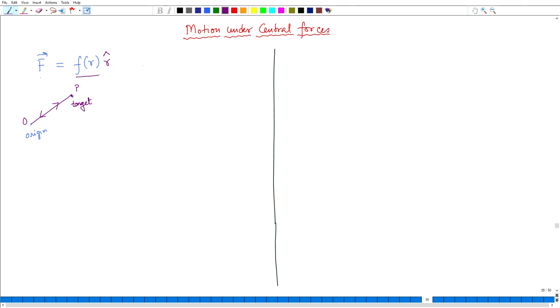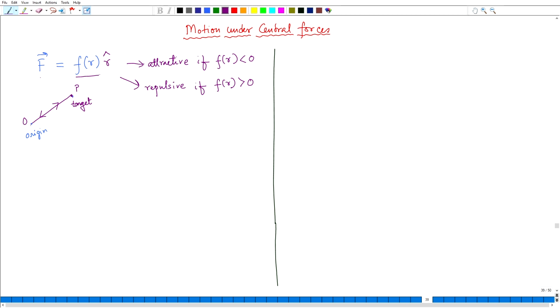So, P is getting attracted towards O. That is why the force is attractive if F r is less than 0. If F r is positive, then F is acting from O to P, which means this is repulsive in nature. So, repulsive if F r is greater than 0. This condition we will always use throughout our discussion.